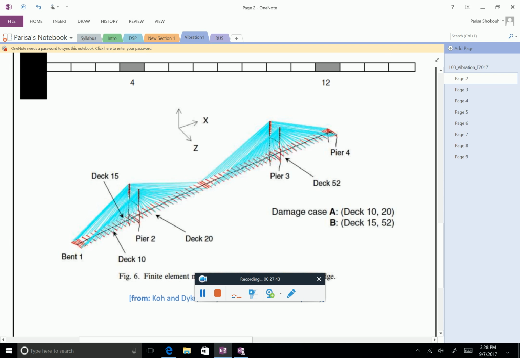And the way they do it is very similar to the diagram I just showed you for ROS. You take the whole bridge and simulate it in finite elements. You see here, this is not a real bridge, that's the simulation.